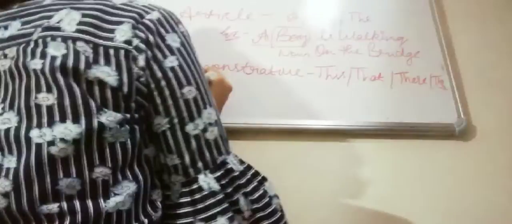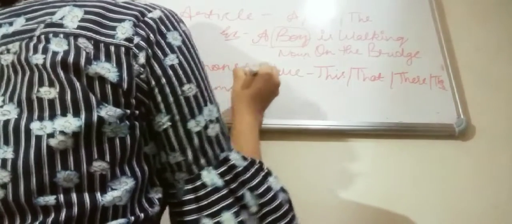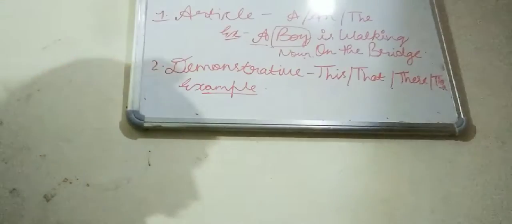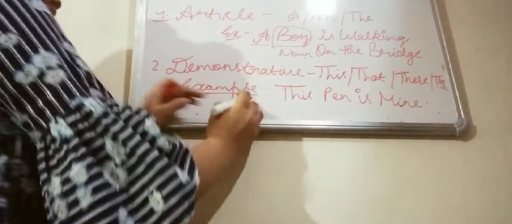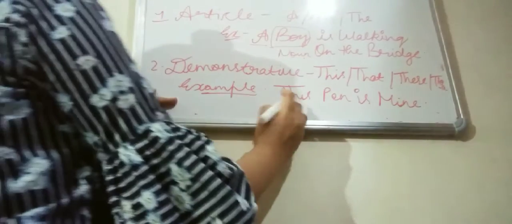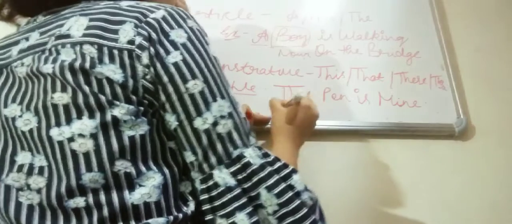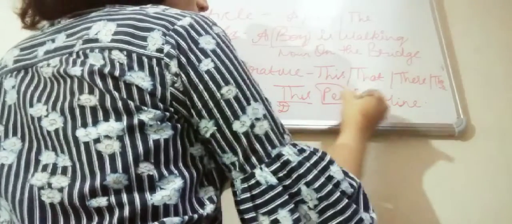So let us take an example. The example for this is: this pen is mine. In this sentence, we can see very clearly that this is a determiner and the word pen is a noun.